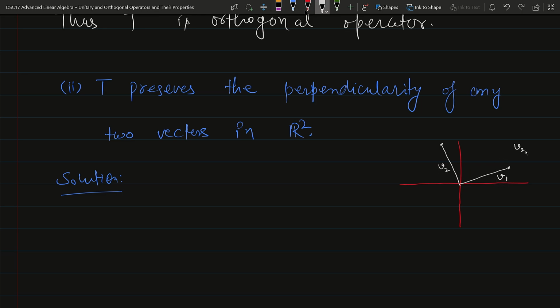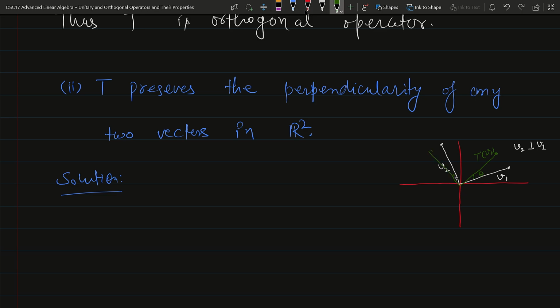So this is our v2, okay, this is v1, this is v2. So we are saying that v2 and v1 are perpendicular. Now if you apply the T image on v1 and v2, suppose after rotation by theta we have v1 here, okay, this is by rotation theta. So this is our T of v1, and when we rotate this by theta, suppose we have this one.